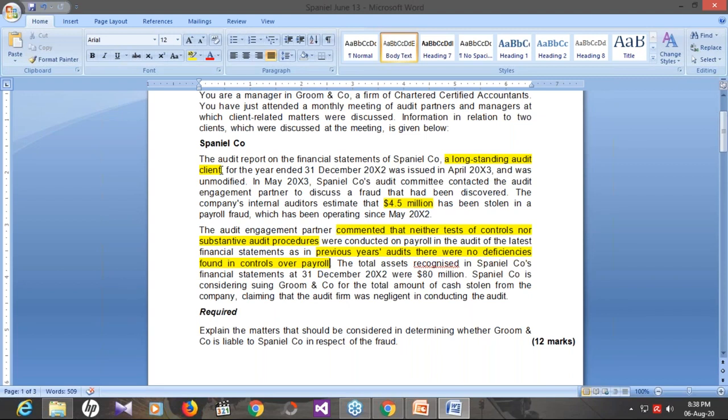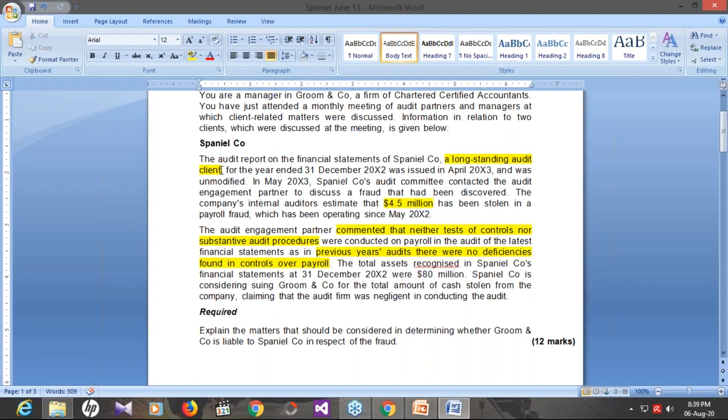Yes, there was a duty of care that the auditor owed because he was hired to perform the audit on behalf of shareholders. So he owes a duty of care towards the shareholders, because the audit report is written to the shareholders.